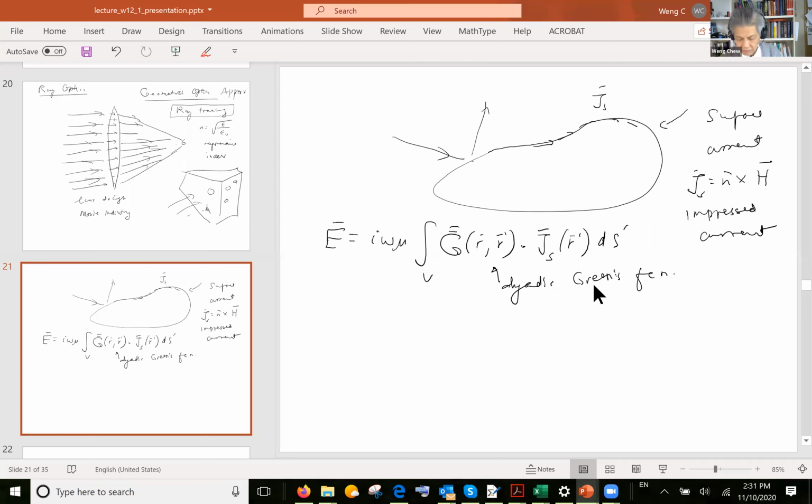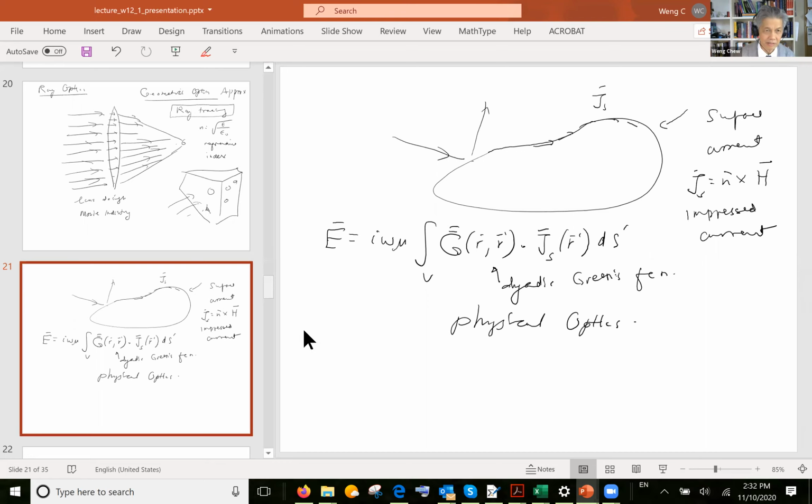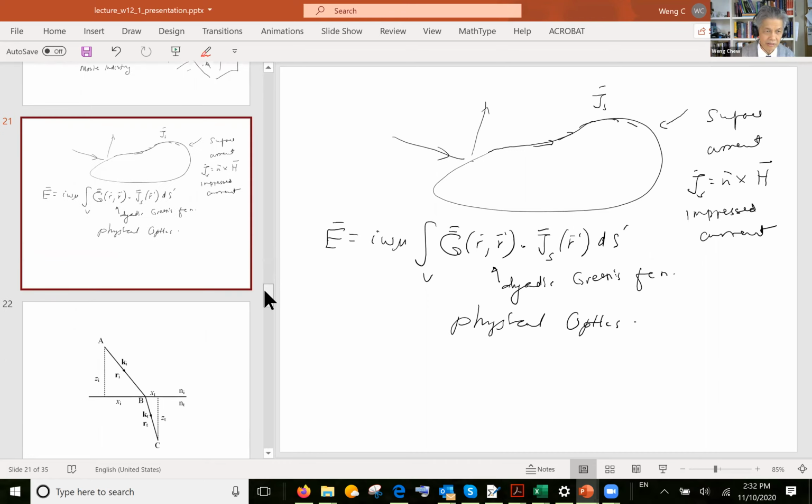That is called physical optics. So in other words, you estimate the currents first before you calculate, rather than doing ray tracing. So it is, in a sense, a step better than geometrical optics. Okay, but these are very advanced topics. We won't talk about it at all in the course.